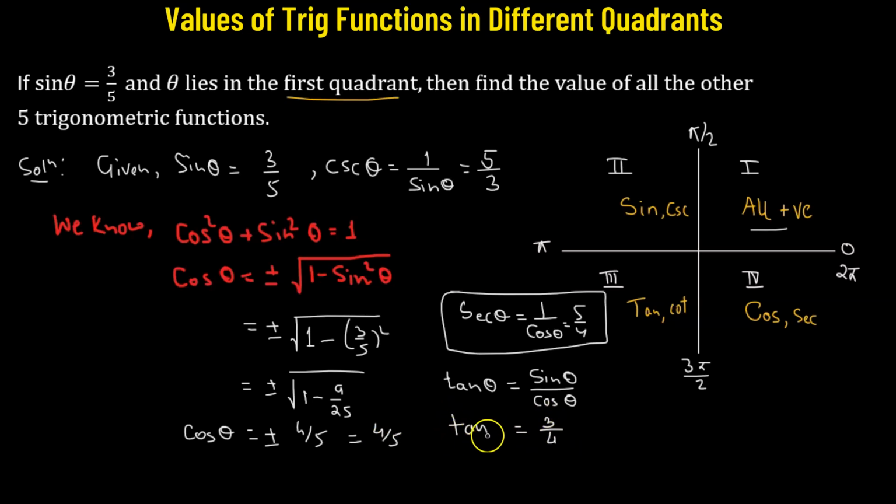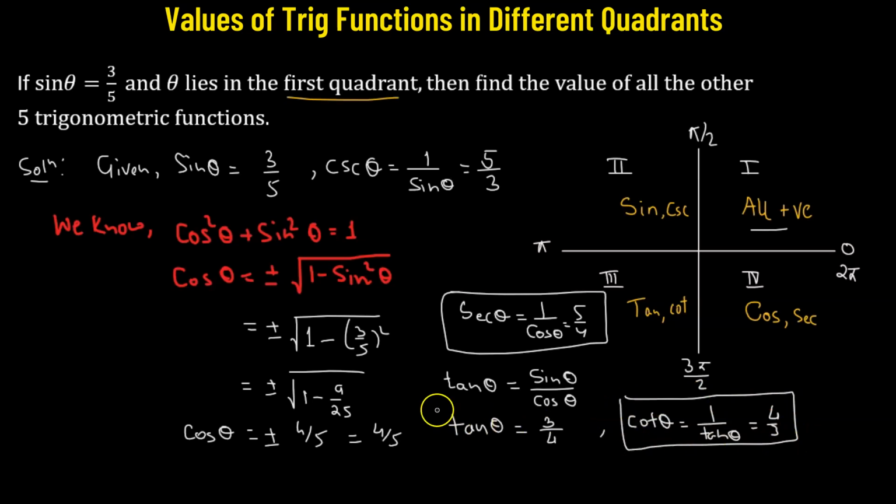This is the value of tangent theta. And since we have the value of tangent theta, we can also find out the value of cotangent theta, which is the reciprocal of the tangent function. So we're going to get 4 over 3. And all the trig functions are going to have positive values because they all lie in the first quadrant. So hence we have successfully obtained the value of sine, cosine, tangent, cotangent, secant, and cosecant.